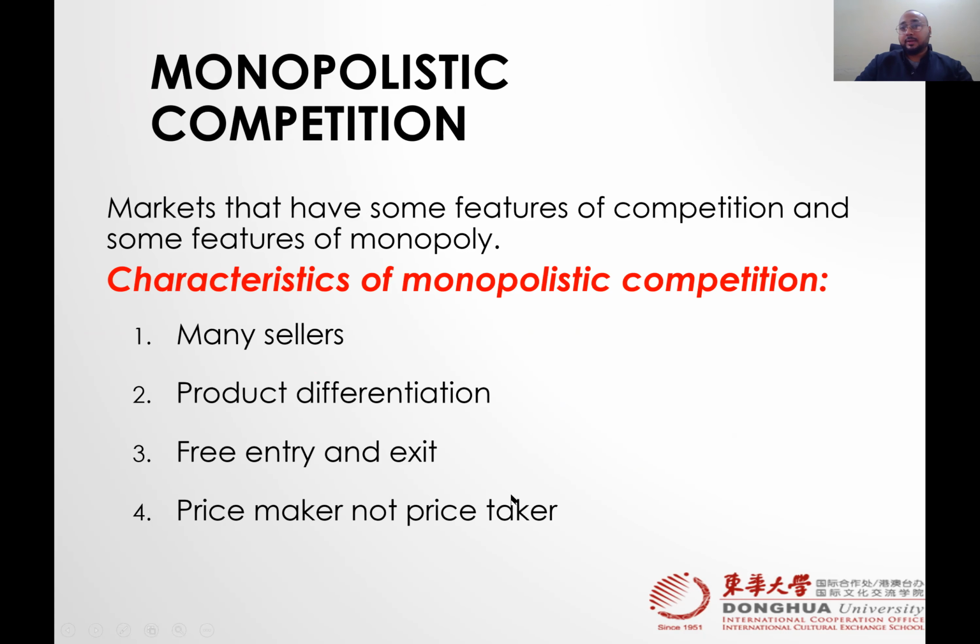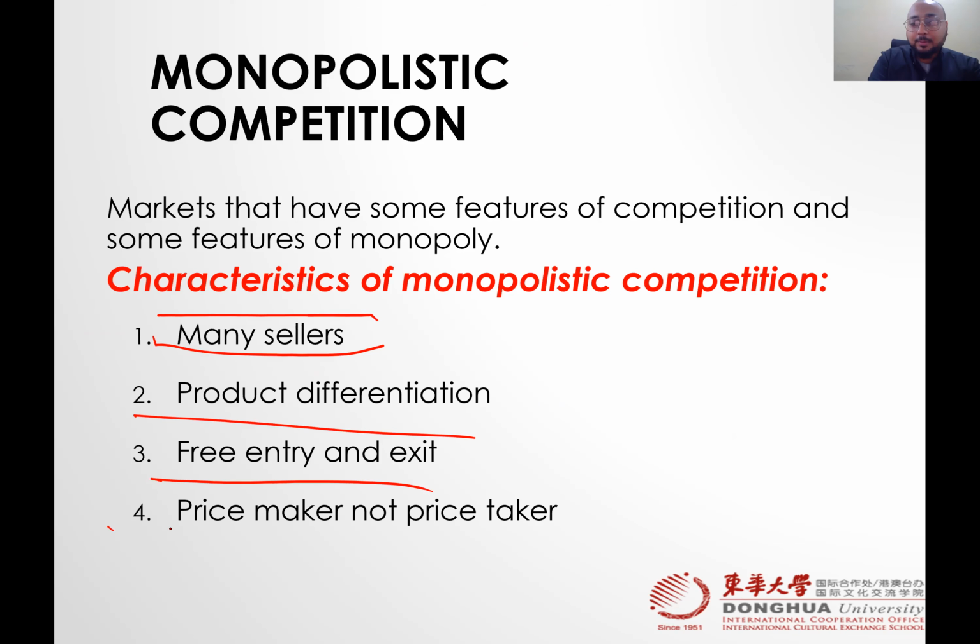So let's talk about the characteristics. Of course, there are many sellers, product differentiation, free entry and exit, and price maker, not price taker. So you see some features are of different markets. Many sellers, this feature is from perfect competition, right?